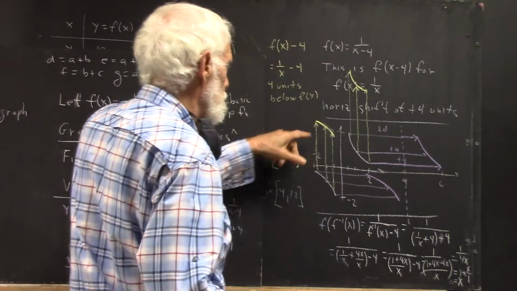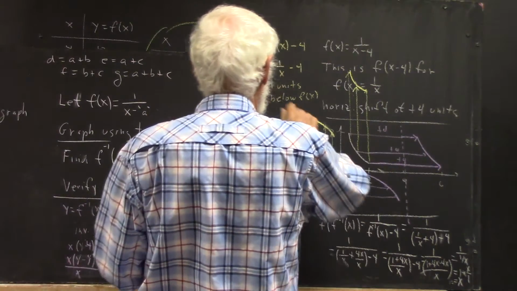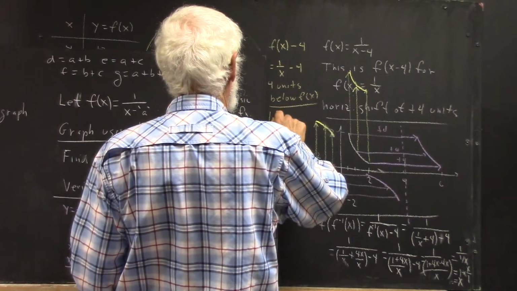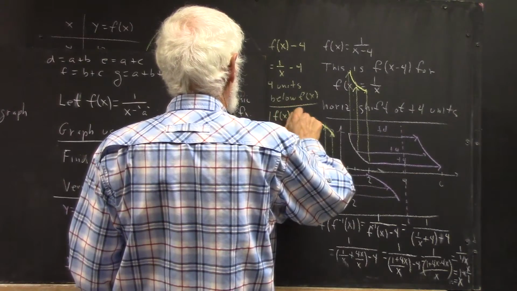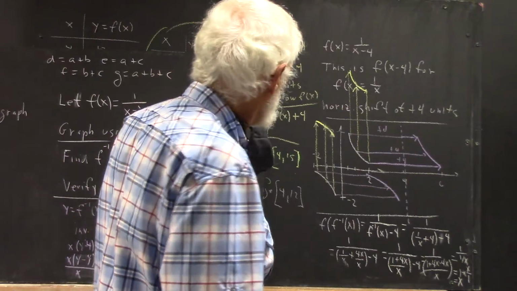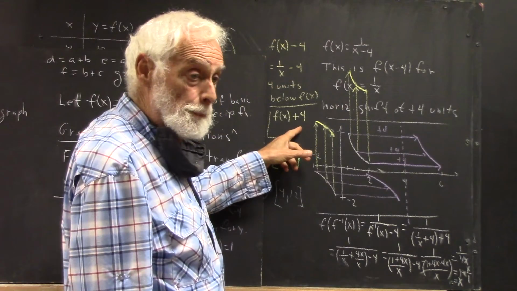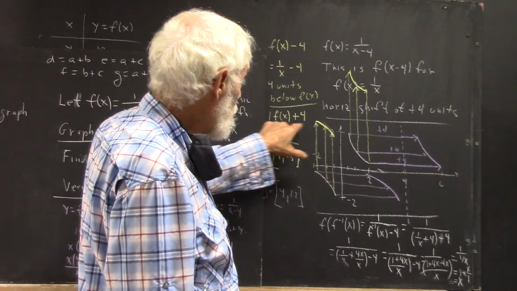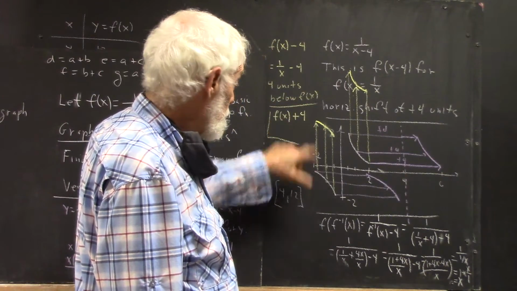What I've graphed here is f of x plus 4. So if it's f of x plus 4, that means every point here goes up 4 units because the y value will always be 4 or greater.